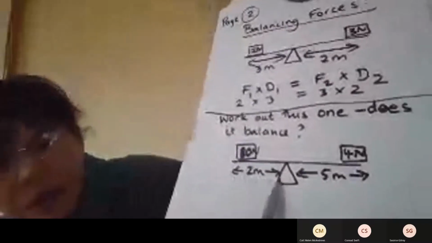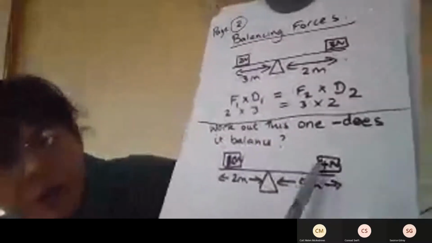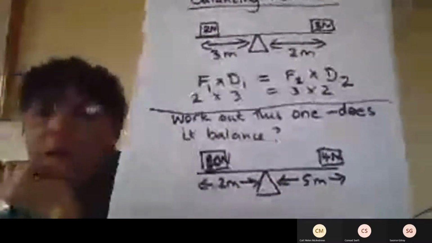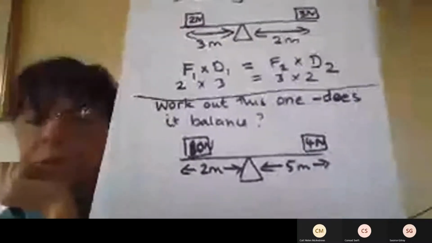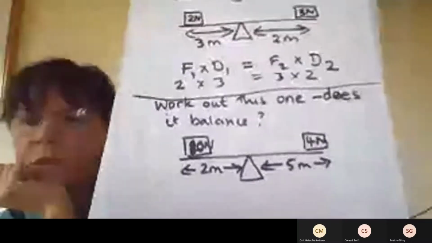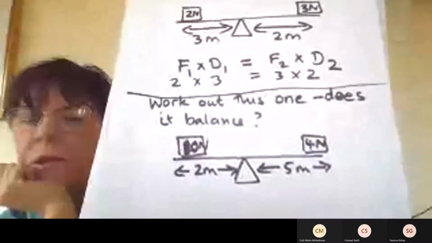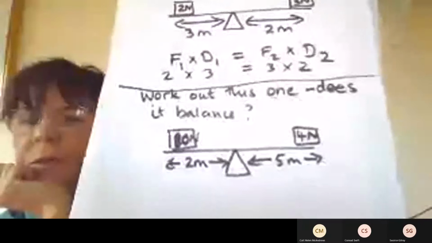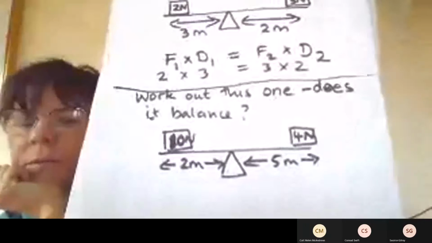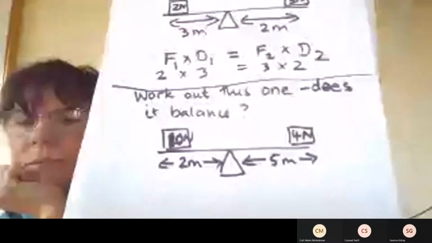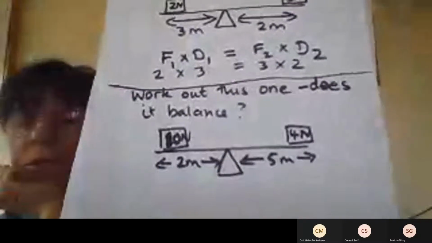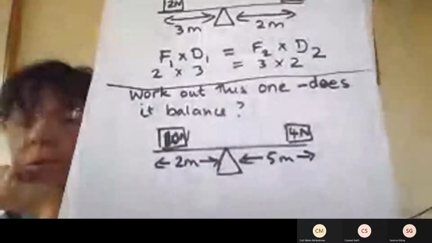Kate, I don't know if you can keep up with what I'm doing here, so just copy that out. 10 newtons at 2 meters and 4 newtons at 5 meters. I'm sure Saoirse's busy doing this, or might have it done. Kate, when you get that copied out, put your hand up and let me know and I'll go on ahead, because Conrad's done and I'm sure Saoirse's done.